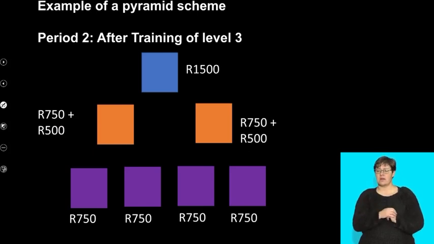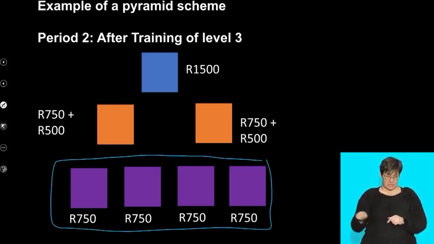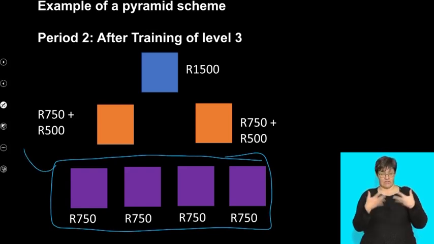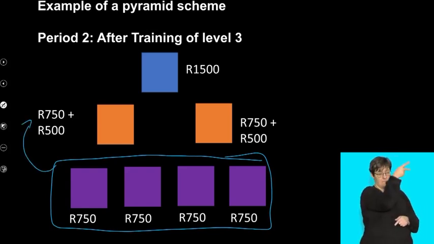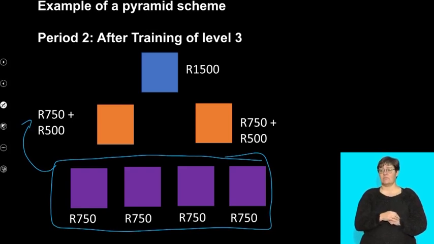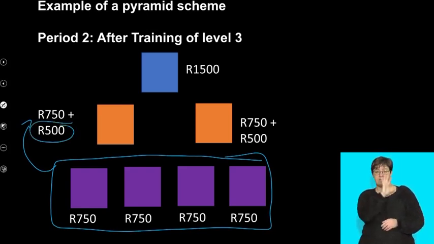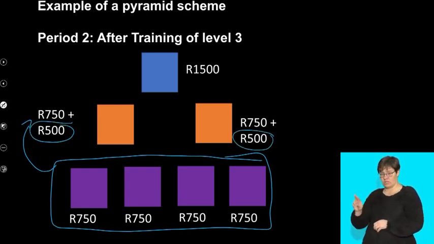So in simple terms, after training of level 3, we are mainly talking about after these people actually get trained, they pay the people who recruited them 250 each, so it becomes 500 rand. But it does not end there.